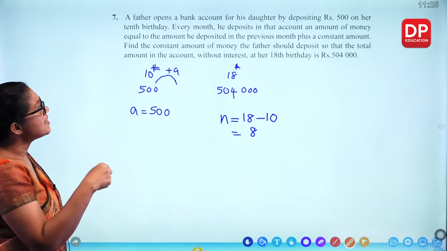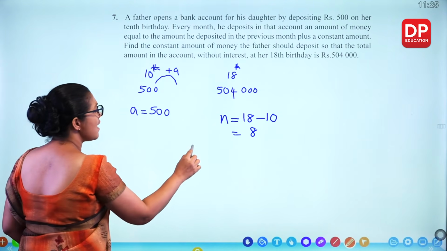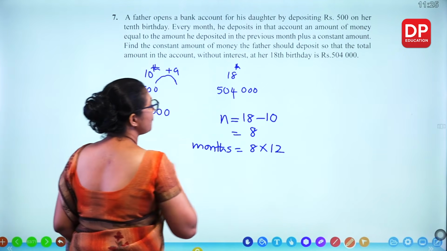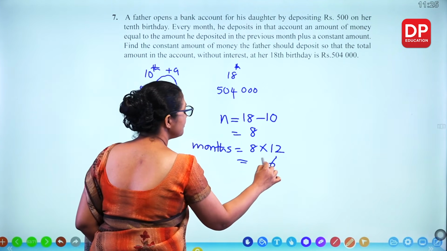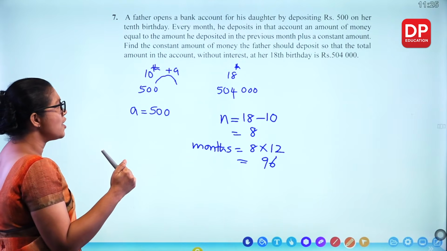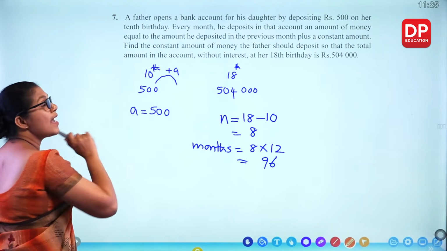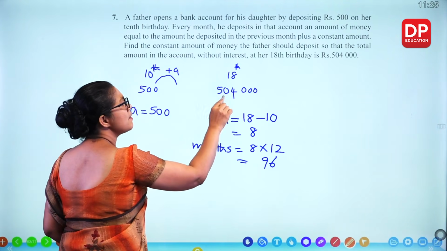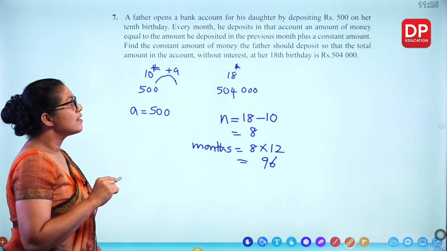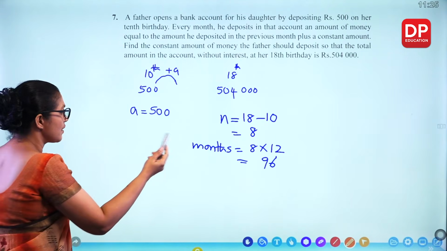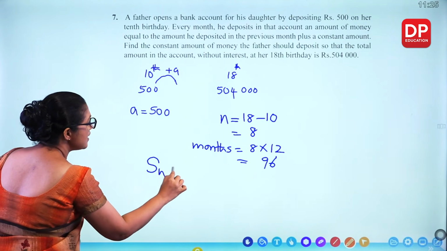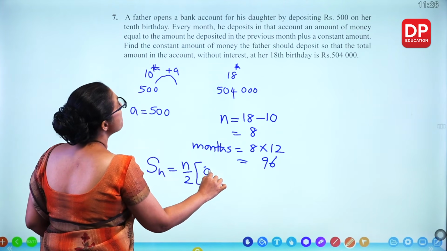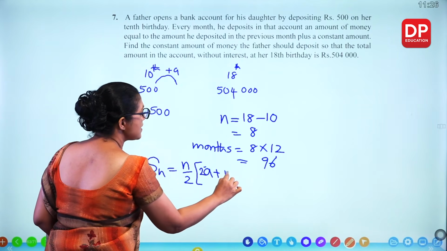But depositing every month. So how many months are there altogether? 8 times 12. That's 96 months are there. So N we know, starting value is known, and you are asked to find out the difference when the sum of money for 18th birthday is 504,000. Now we'll see Sn equals N over 2 times 2A plus N minus 1 D formula.